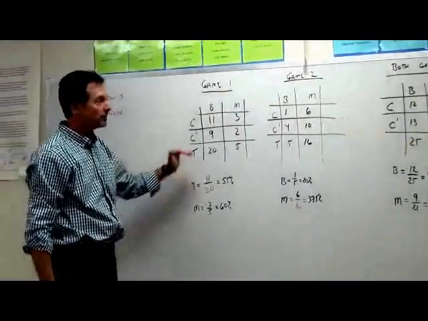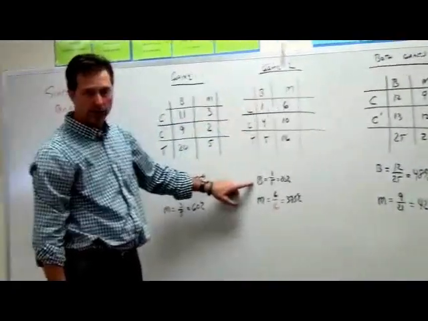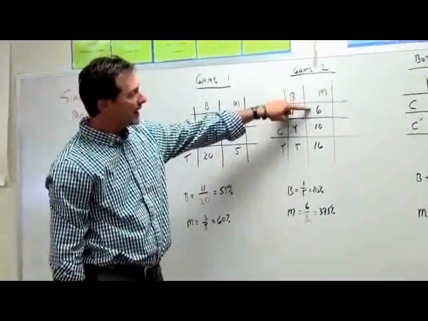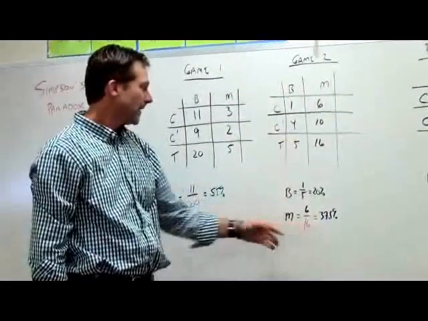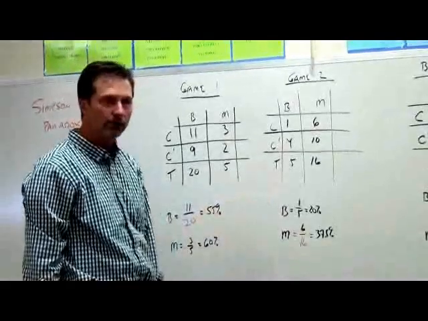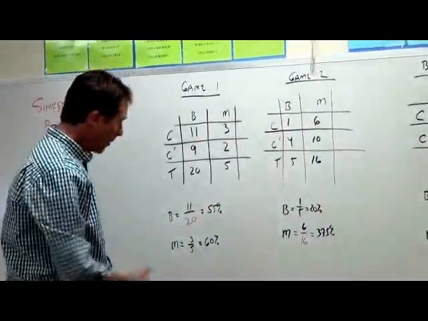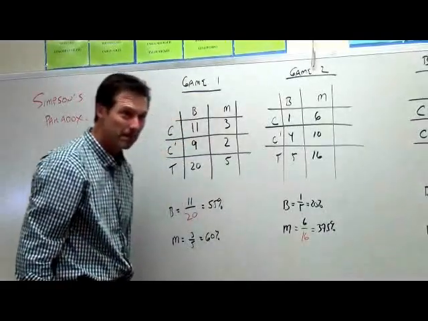All right, let's go to game 2. In game 2, Brady completed 1 of 5 passes, only 20%. And in game 2, Manning completed 6 of 16 passes, which was 37.5%. In game 2, Manning again has a higher completion percentage than Brady. So in both of the first 2 games, he got a better grade on his test.